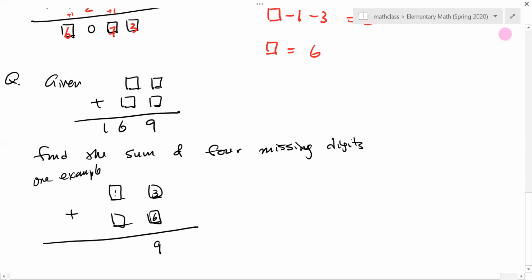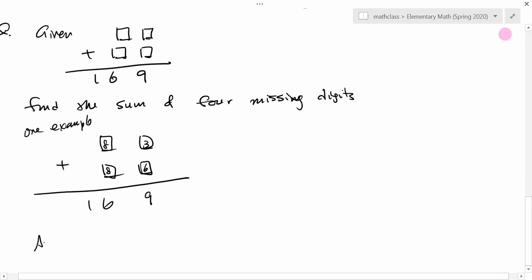And then 8, 8, I get 16. That's okay, right? So the answer will be 8 plus 3 plus 8 plus 6, so that will be 25.